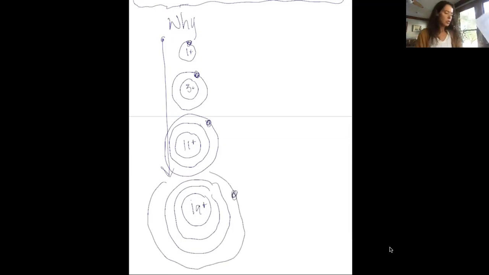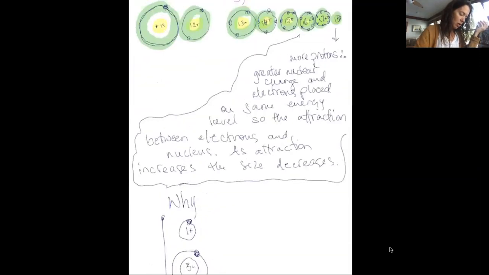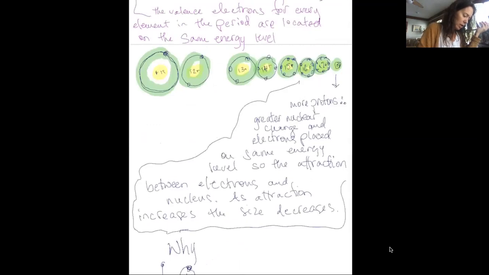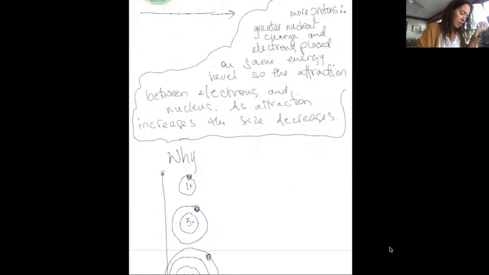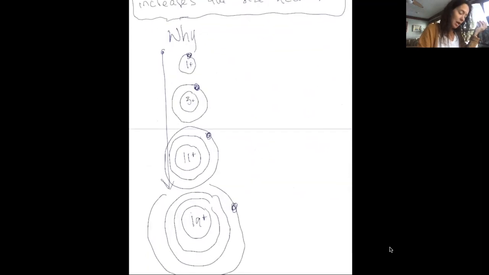So what you see, and let me focus, is up here, we get a greater nuclear charge. It goes from plus 11 to plus 12, and the size gets smaller. So you cannot say, well, I get a greater nuclear charge, so the size gets bigger. That is not the end of the story.